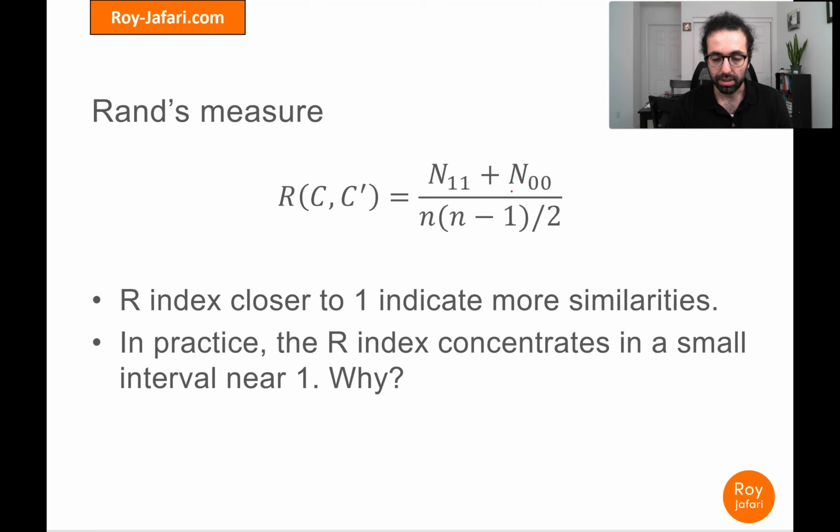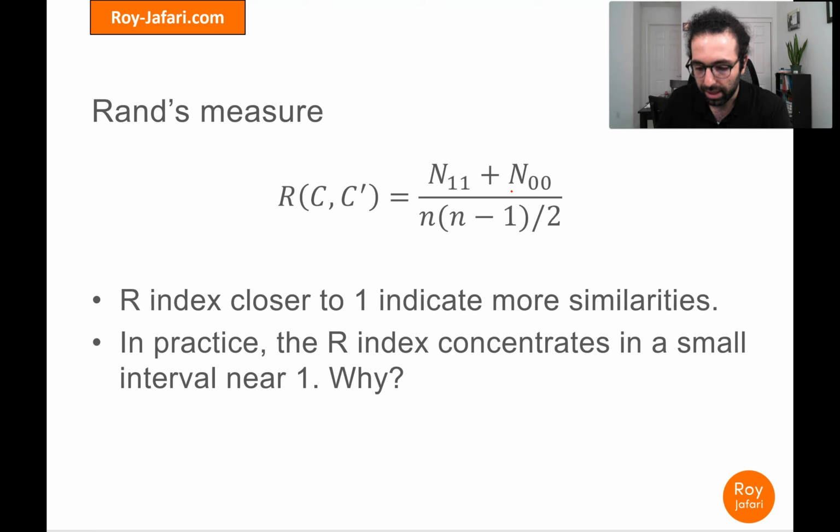In practice, Rand tends to have very high values, even when you compare random clusterings, meaning that you just randomly assign data objects to a few clusters, and again you randomly assign data objects to other clusters. And then you compare them, and still you're going to have a rather large Rand, around 0.7.